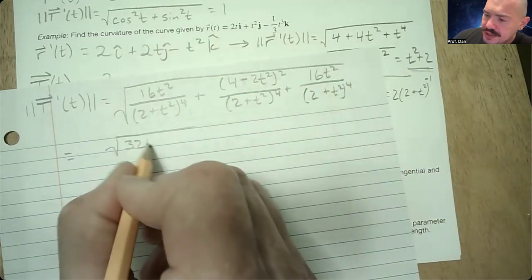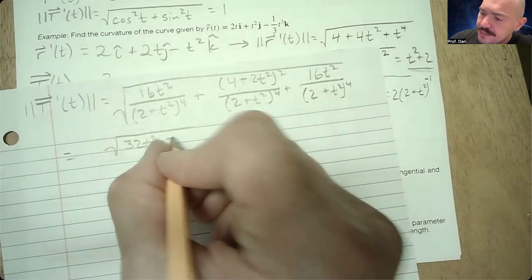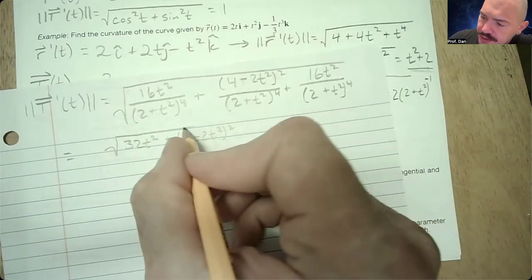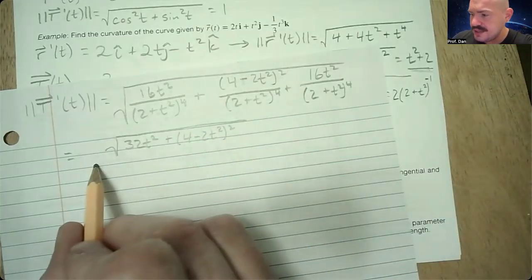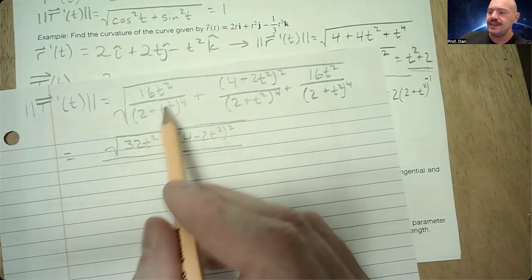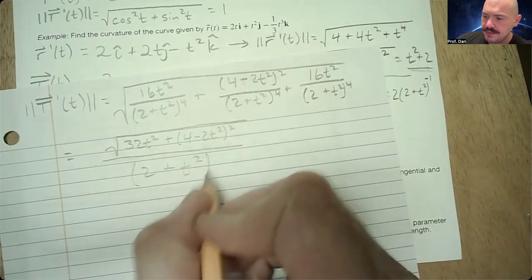So 32t squared, which I got from combining 16 and 16, and 4 minus 2t squared, squared, which I'll expand because it is going to make our lives a little easier, divided by the square root of that to the fourth, which would just be that squared.